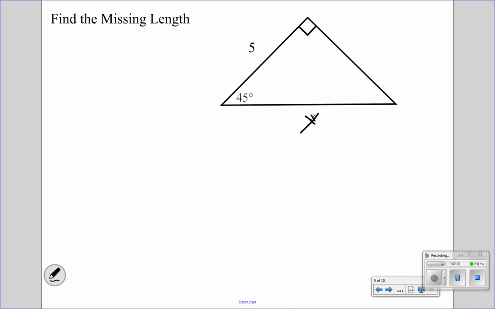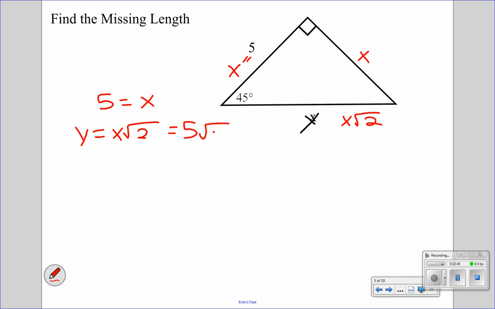So we've got a 45, 45, 90 right triangle, which can be written as x, x, x square roots of 2. So we can simply set these sides equal to each other. We know that 5 equals x. So then to solve for y, we know y equals x times the square root of 2. If our x is 5, y simply equals 5 times the square root of 2.